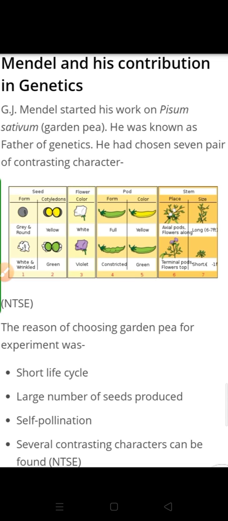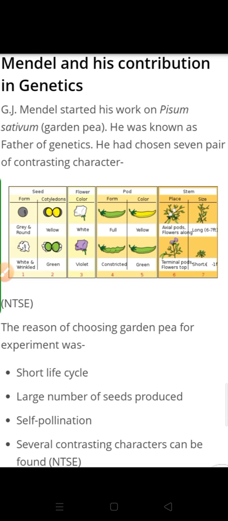Then he observed in Pisum sativum, the garden plant, that some variations take place in different generations. So he calculated all the information he received from these plants and crops, and afterwards he gave three laws. We will discuss these three laws one by one. First of all, we have to understand the great work done by Mendel. That's why Mendel is known as the father of genetics. Please note it down: father of genetics is Mendel.